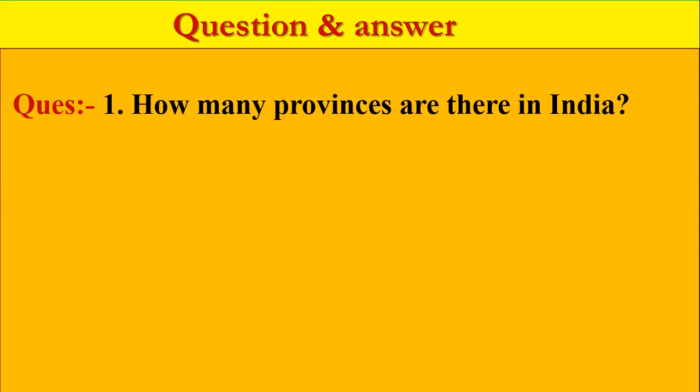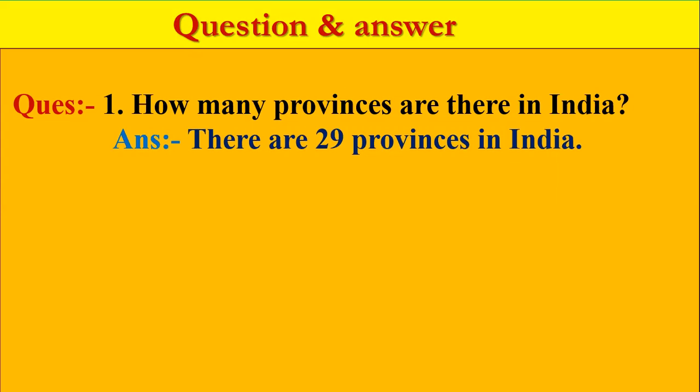Dear learners, here are the questions and you have to answer them. Question number 1, how many provinces are there in India? There are 29 provinces in India. Very good.